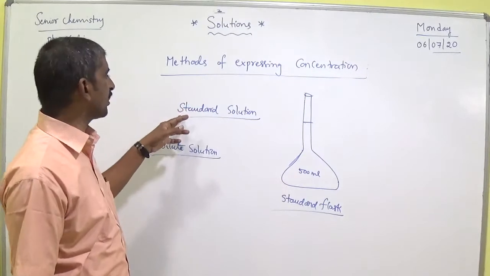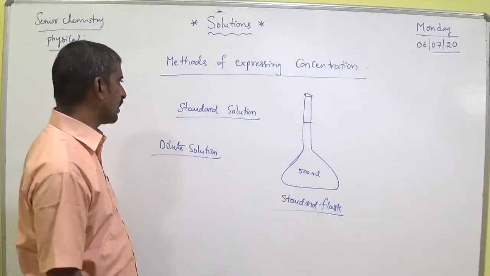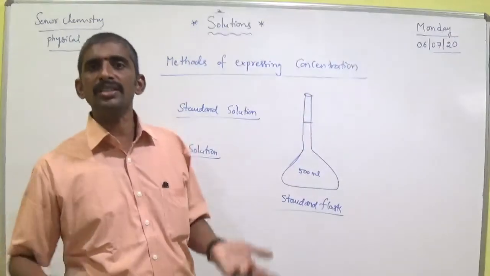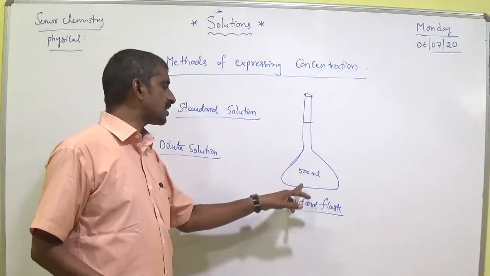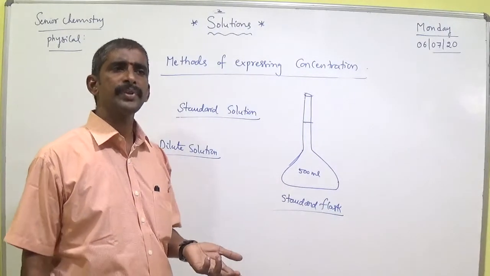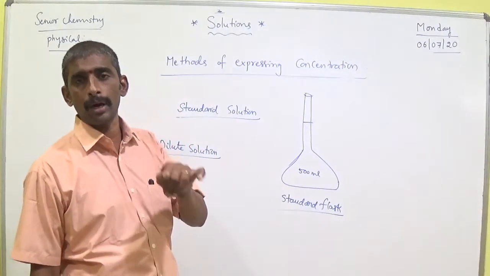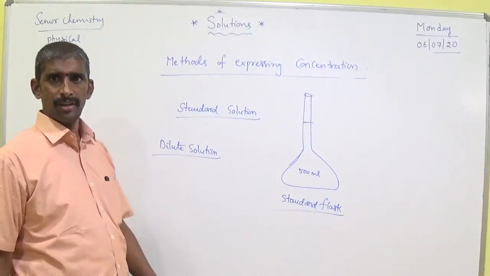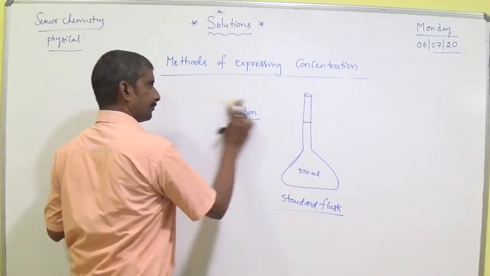So, a standard solution is a solution whose concentration is known, and it can be prepared in a standard flask. A dilute solution contains relatively lesser solute compared to the solvent.